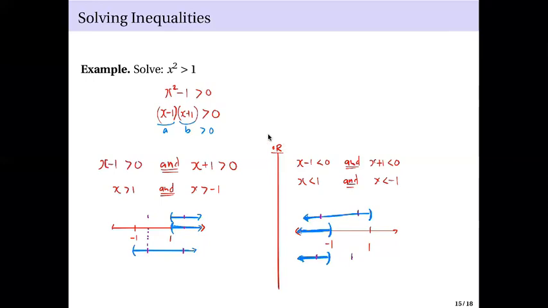So the word "or" here tells us that the set of solutions for this inequality is this set and also this set. Okay? So this set plus this set. Therefore, our final answer would be the following.